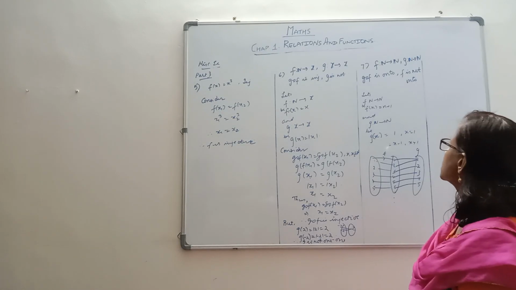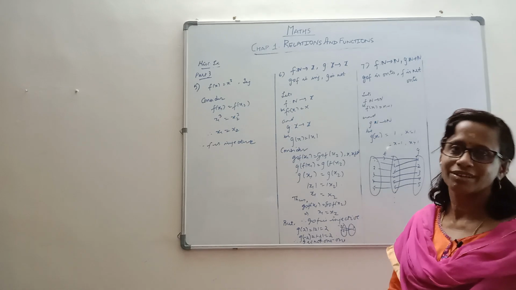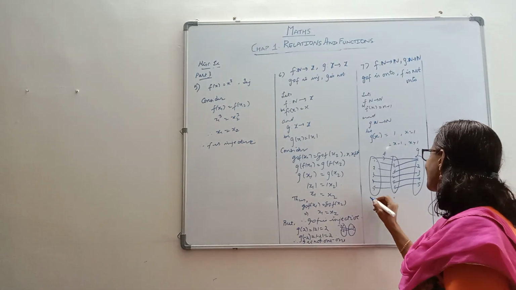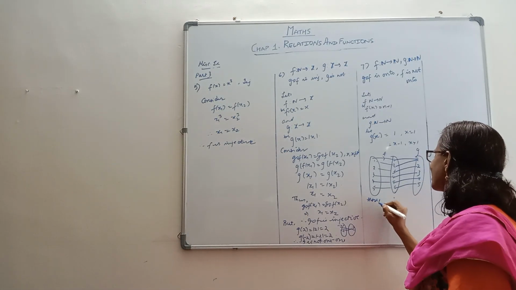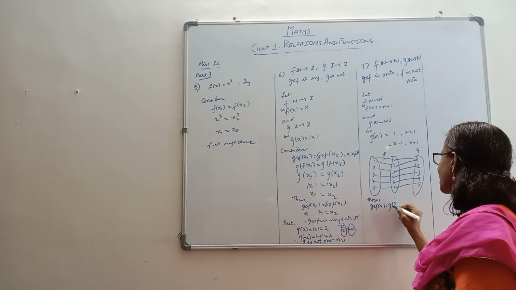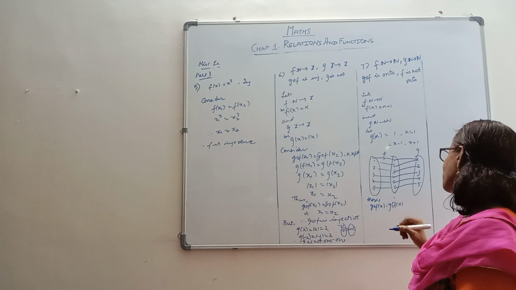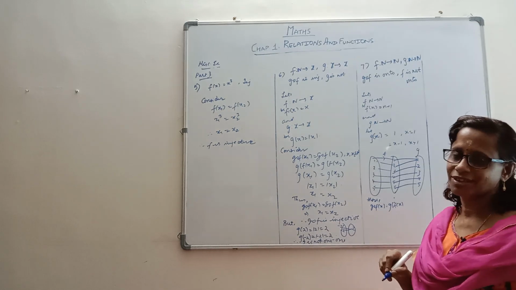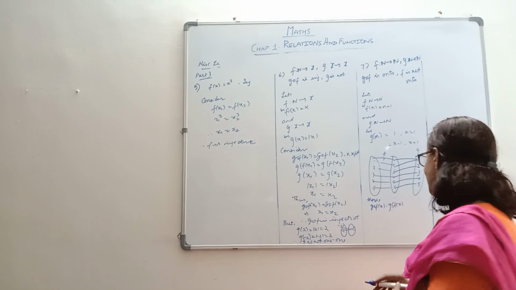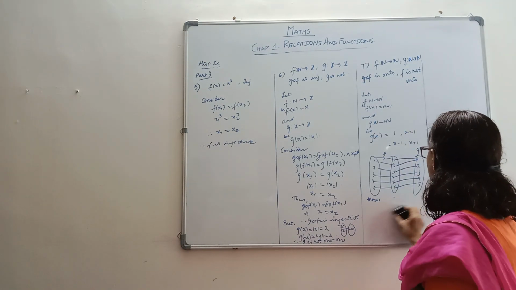Now what they say is you have to show that g of f is onto. That means you take anything, you will have a preimage. g of f at x is g at f at x. Let's write it properly here.